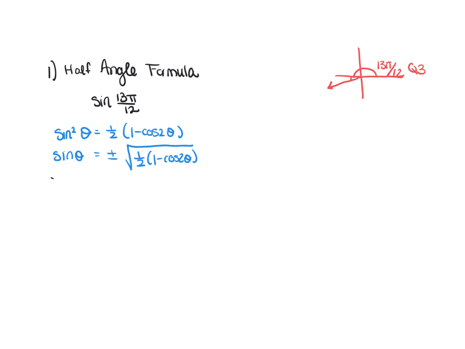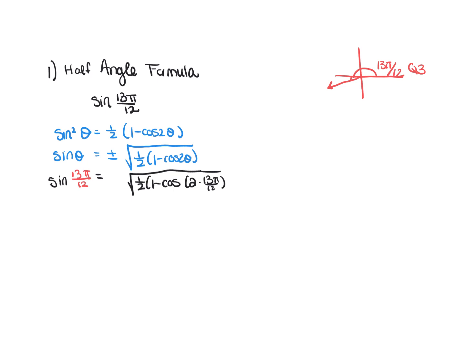So I have sine of 13 pi over 12 equals, I'm going to deal with the plus and minus in a second, the square root of 1/2 times 1 minus cosine of 2 times 13 pi over 12.